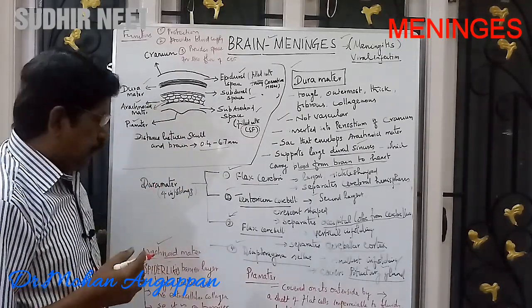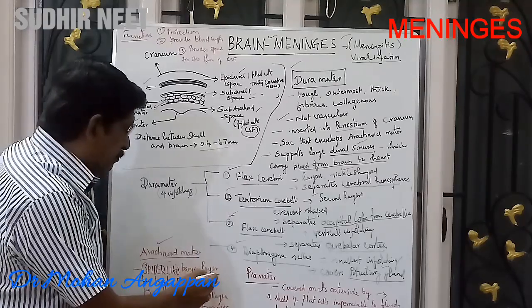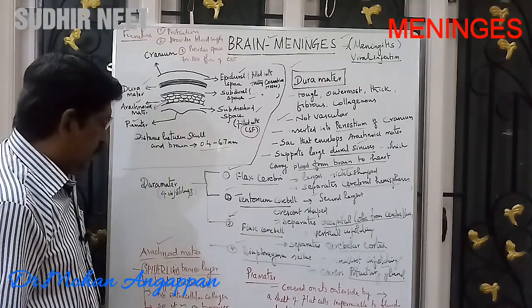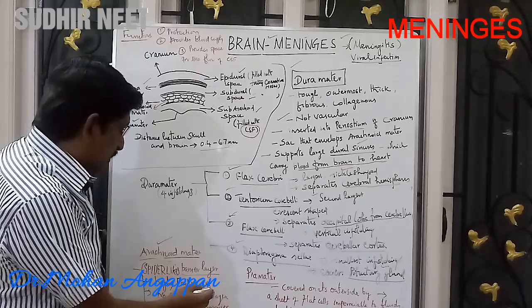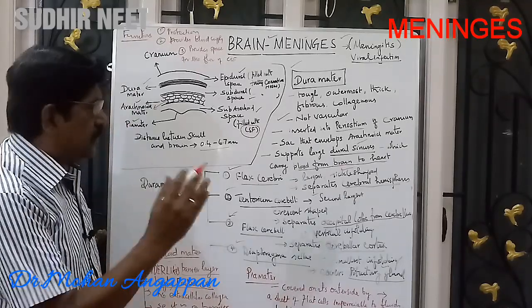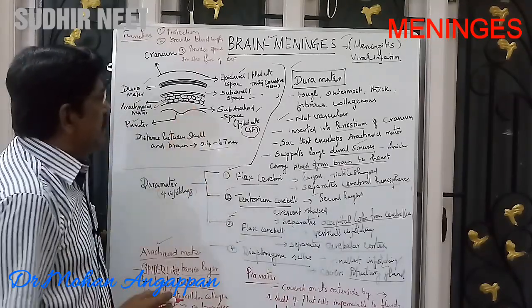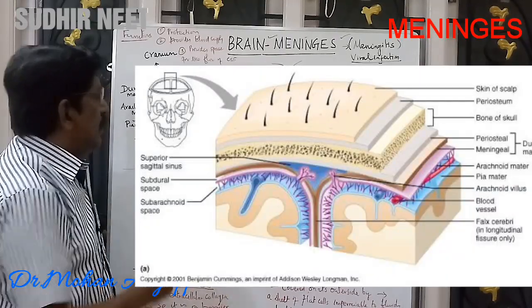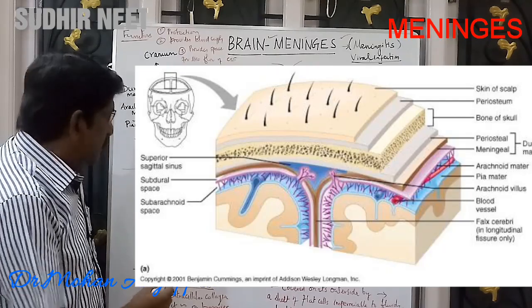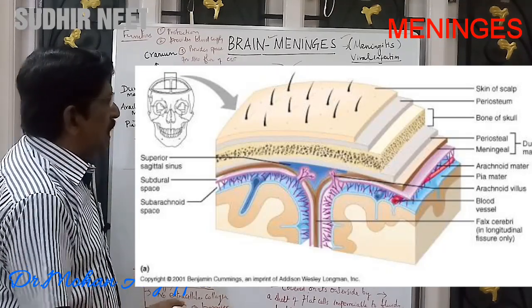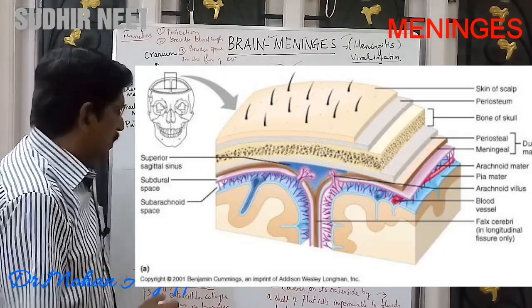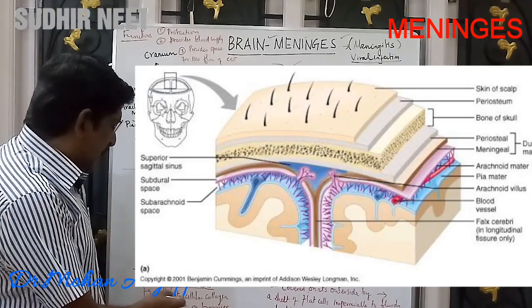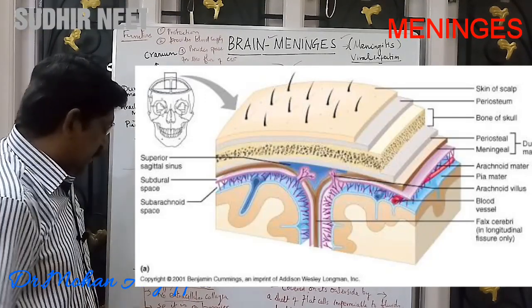Spider mother is actually a barrier layer with highly packed cells, no intercellular space. There will be no extracellular collagen as you see in DURAMATER. In arachnoid matter, there is no extracellular collagen.